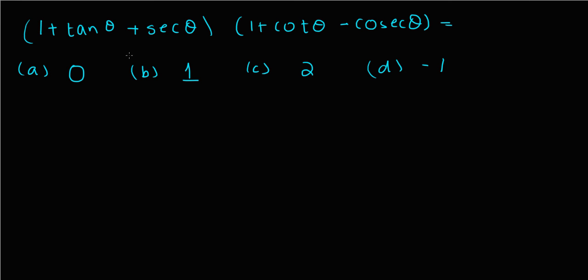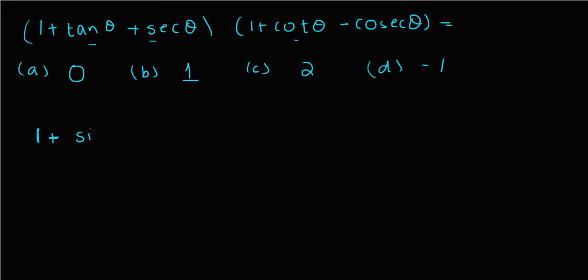So this is the next question. Now immediately when I see this, I'm not seeing any identities because I'm not seeing a square over here. So what I will try to do over here is convert everything in terms of sine and cos. That's the easiest approach I feel, when you don't see a direct identity: convert everything in terms of sine and cos.